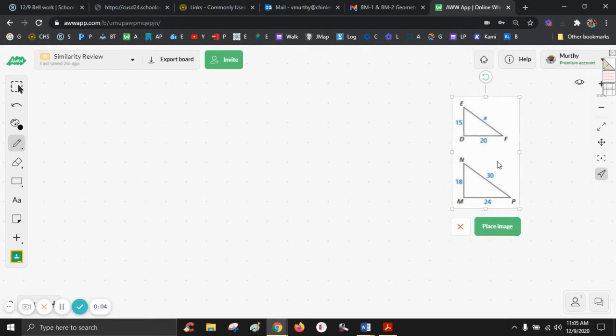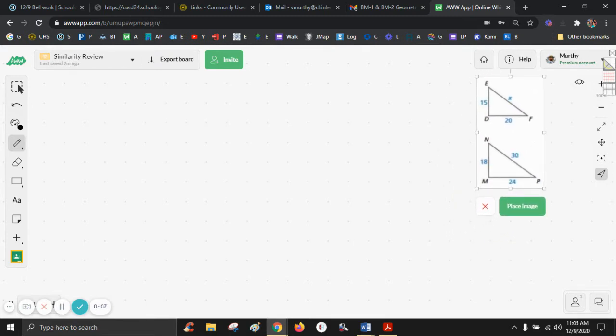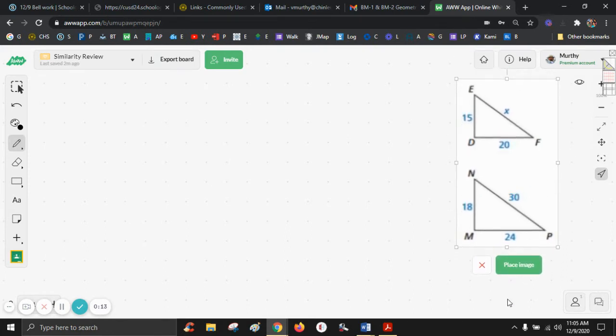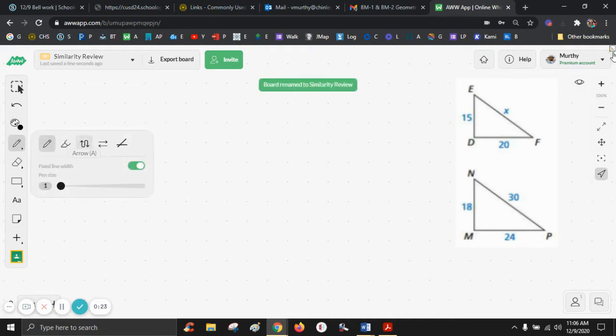In today's class, I'm going to explain some properties of similarities and how to figure out the missing sides, perimeter, etc. Suppose two triangles are given similar, then the sides are proportional.